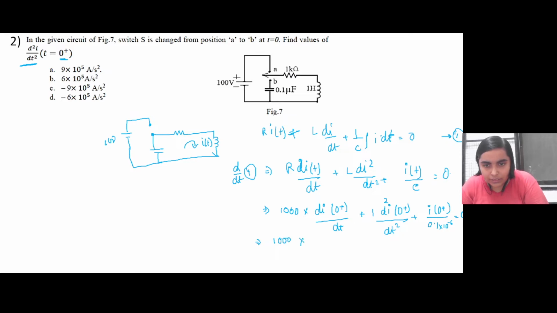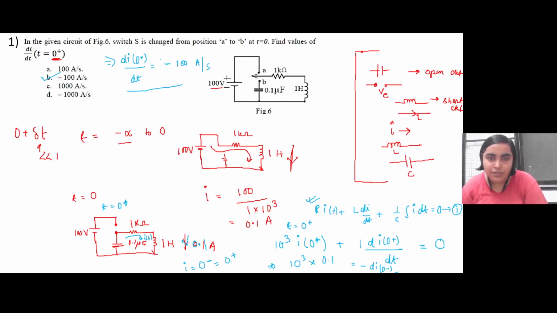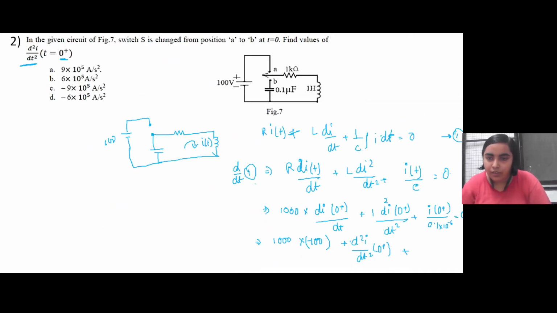So 1000 into di by dt, which we found in the previous problem to be minus 100, plus d square I by dt square at 0 plus, plus I of 0, which we calculated initially when the switch was in position A, 0.1 by 10 to the power minus 6.